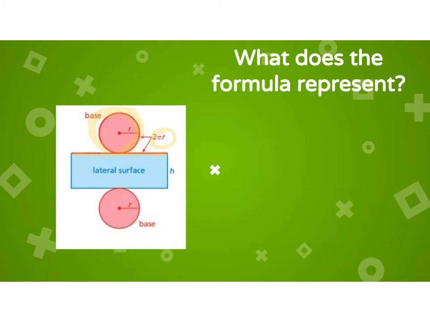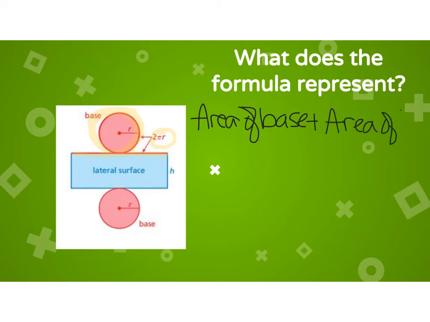Remember before, like I told you guys when we did the pyramids, area of base plus area of the lateral faces. So when we go with our area of the base, our bases are circles. So that's pi r squared to find the area of a circle. And then there's two bases, this one and this one. So that's why we multiply it times 2.